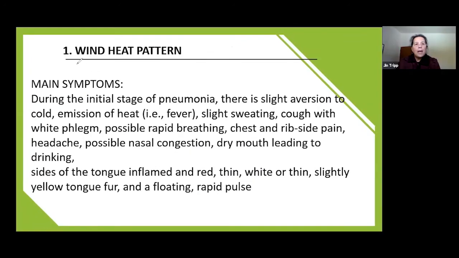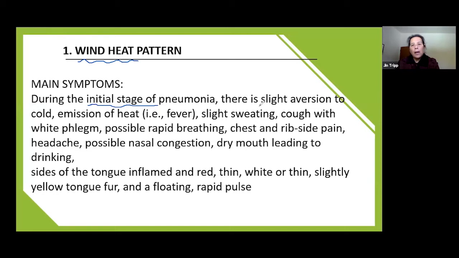For the TCM type, wind heat attacking causes pneumonia in the start stage, just the beginning.